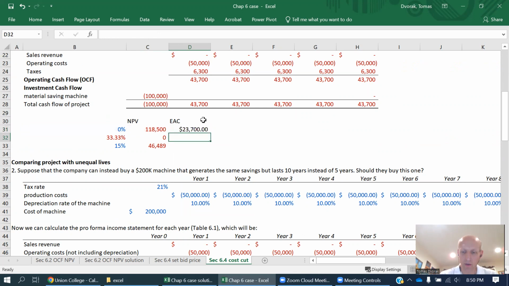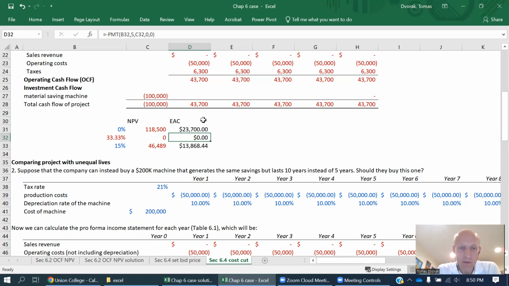So let's calculate that. The equivalent annual cost, or in this case, equivalent annual benefit of the 5-year machine is 23,700. We can calculate that, Control D. Clearly, if we have a really, really high discount rate, then there's no equivalent annual benefit.